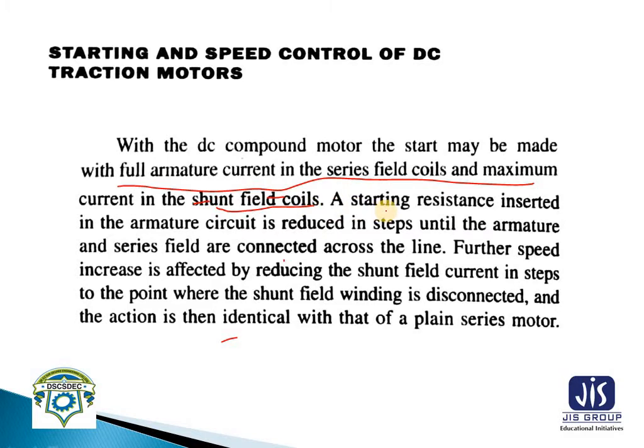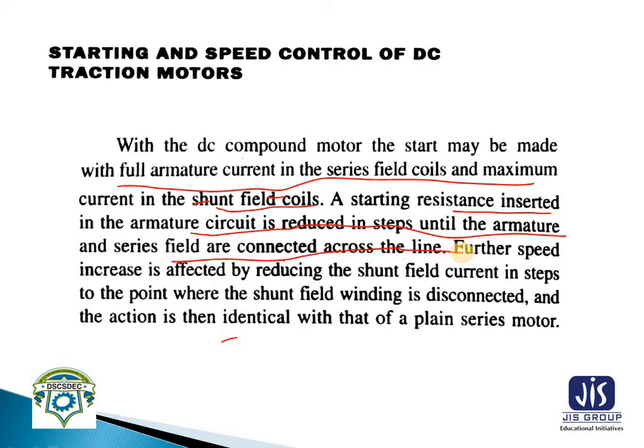A starting resistance is inserted in the armature circuit to reduce the steps, until the armature and series fields are connected across the line.